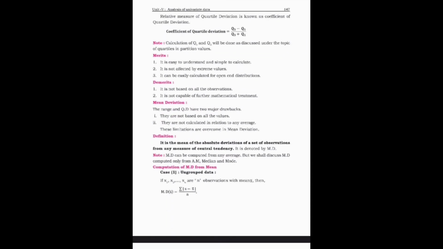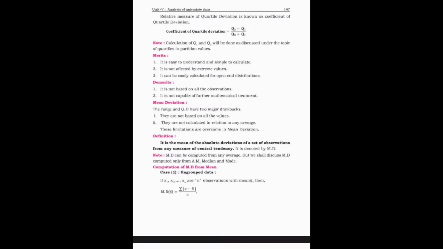Then the third measure is mean deviation. First is range, second is quartile deviation, third is mean deviation. What is a mean deviation? It is the mean of the absolute deviations of a set of observations from any measure of central tendency.